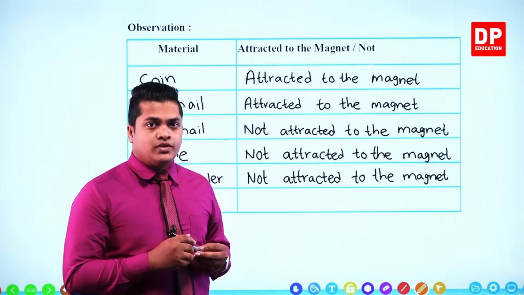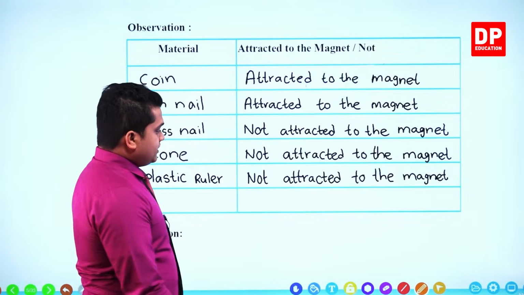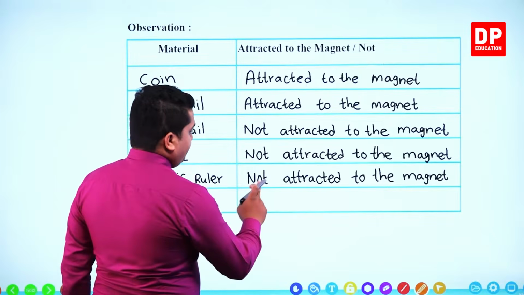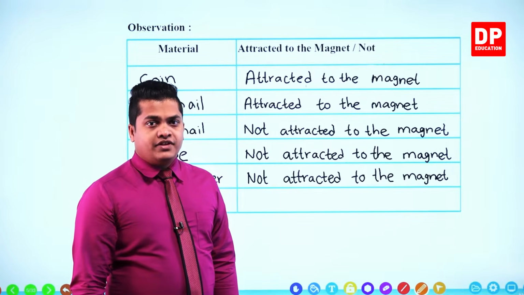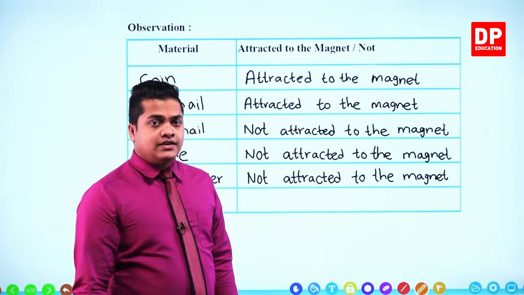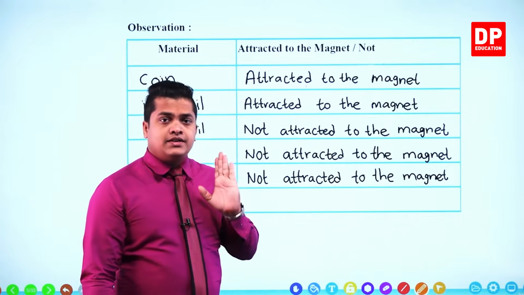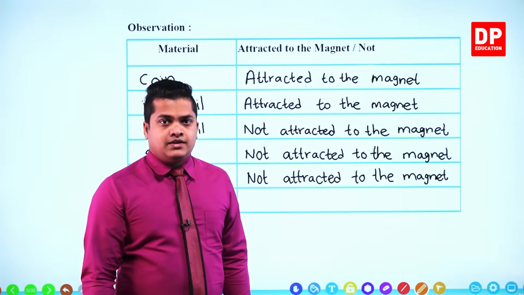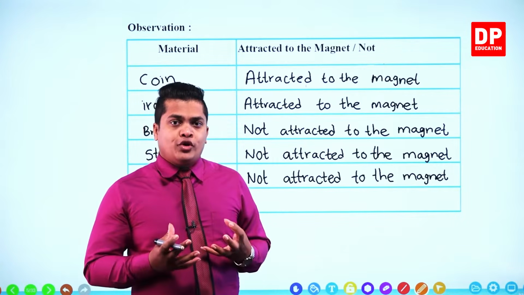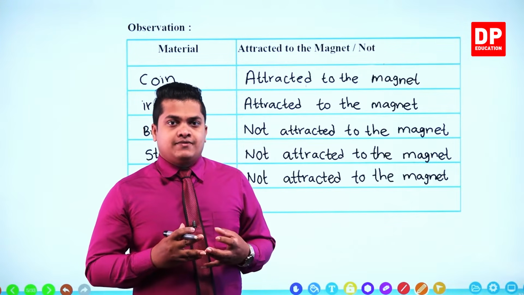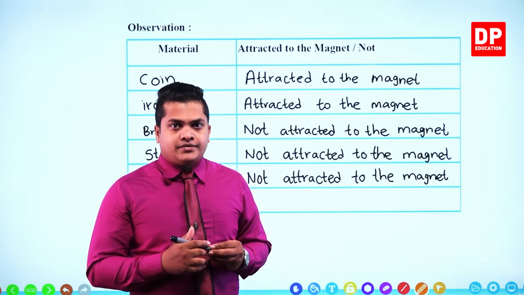If it is not getting attracted to the magnet, these materials are known as non-magnetic materials. Non-magnetic materials do not show any magnetic properties. That's why they are not getting attracted towards the magnet.